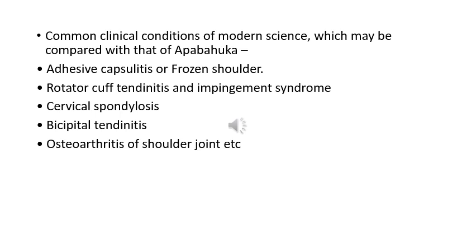Then cervical spondylosis of the cervical spine. Then bicipital tendinitis, of the tendon of the biceps. And then osteoarthritis of the shoulder joint, etc. So these are important conditions which can be correlated with features of Apabahuka.